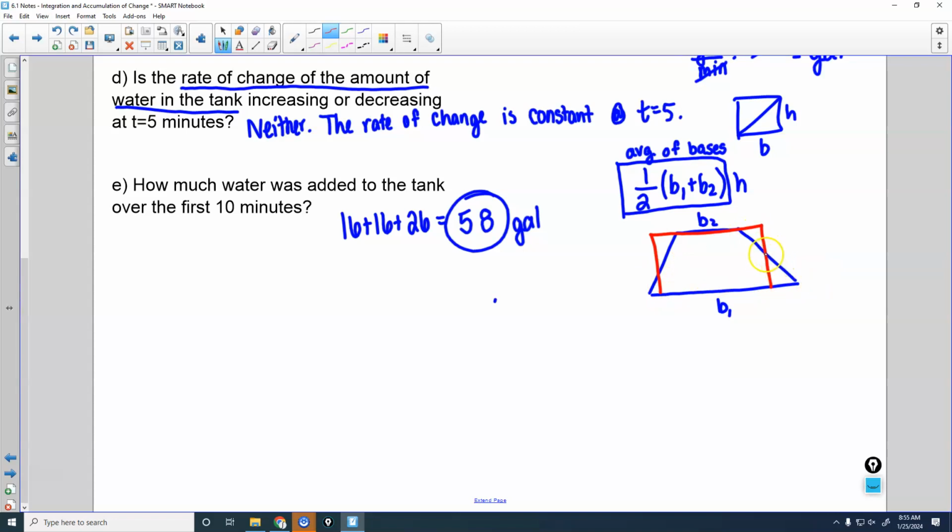This piece right here fills up over here, and this little piece fills up over here, and it makes it a rectangle. So the average of the bases is like your base, and then you multiply by the height. It's kind of cool.